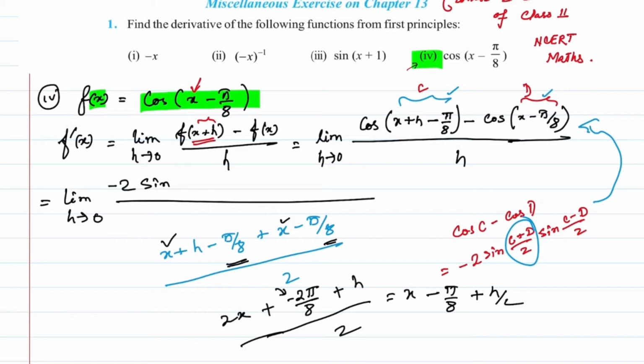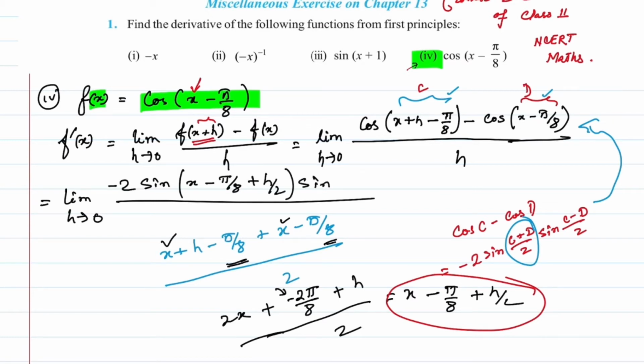So here we will write c minus d by 2. This is the result of c plus d by 2 that we will use here: x minus pi by 8 plus h by 2. Then find c minus d by 2, not c plus d by 2. So what will be c minus d by 2?